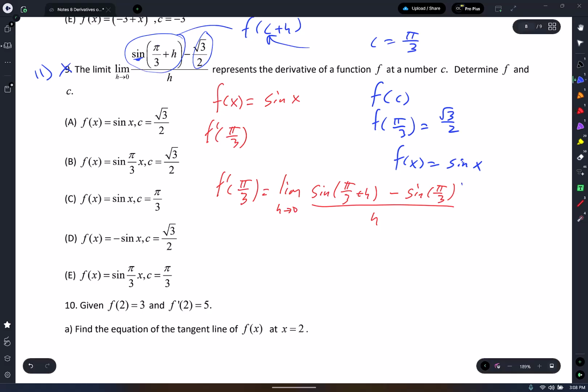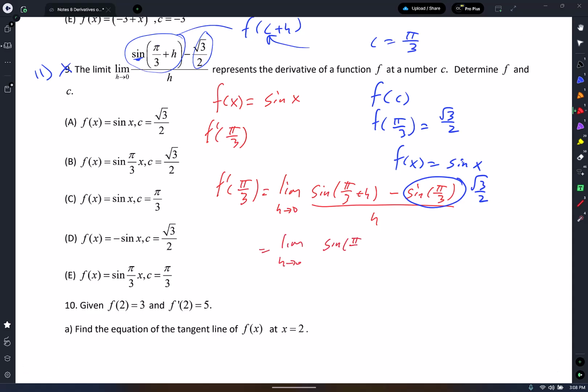Sine of pi over 3 is square root of 3 over 2. So the limit as h approaches 0 of sine of pi over 3 plus h minus square root of 3 over 2, all over h. Look, that's what we have over here. So what was my function? Sine x at what value? Pi over 3.